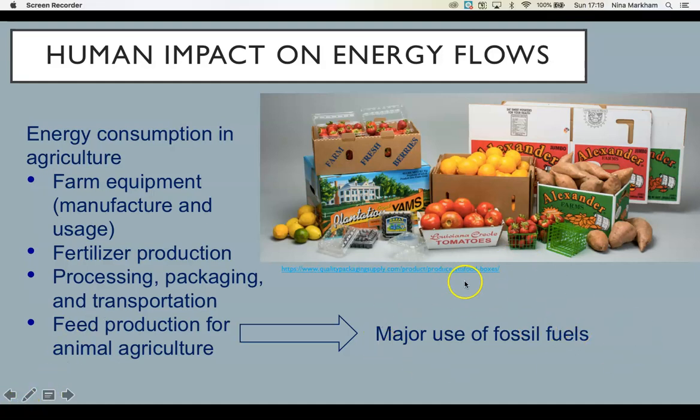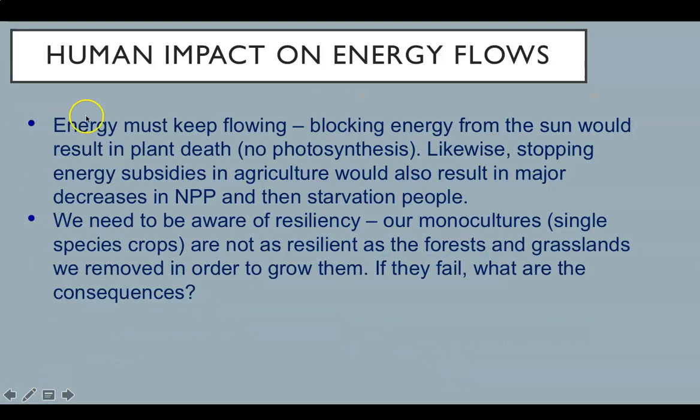Thus, energy subsidies in agriculture mostly come from fossil fuels. And that energy must keep flowing. Blocking energy from the sun would result in plant death and no photosynthesis. Likewise, stopping energy subsidies in agriculture would also result in major decreases in NPP and then starvation of people.